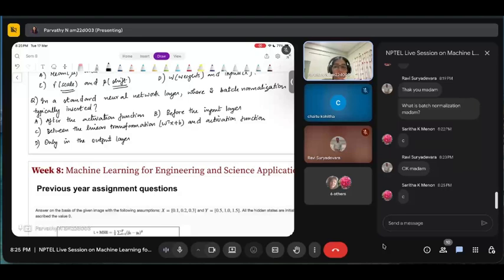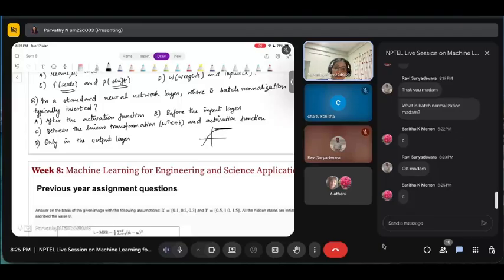It is kept in between the linear transformation and the activation function. After the linear transformation, if there are very large values, then when it goes to activation functions like sigmoid, where will it land? It will land in the saturation region, right?